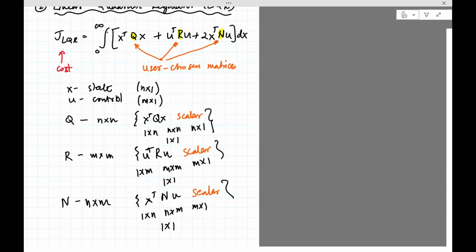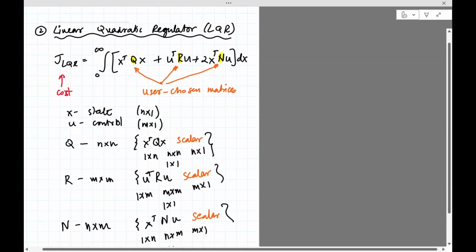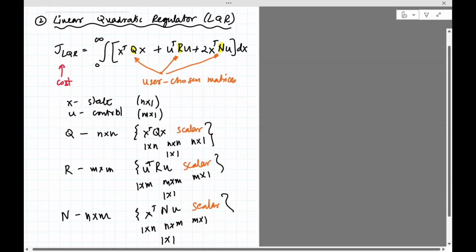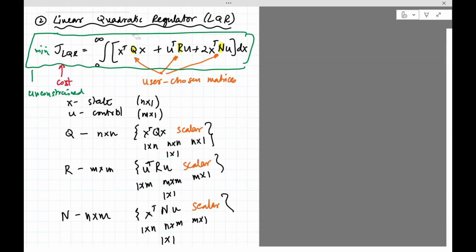Okay, so I've shown you a cost. And as you know, this particular problem, which is to minimize this, is an unconstrained optimization, right? We've talked about unconstrained optimization.